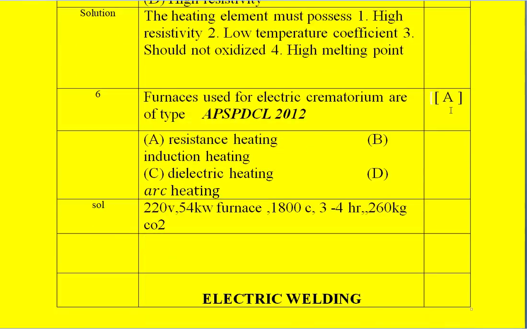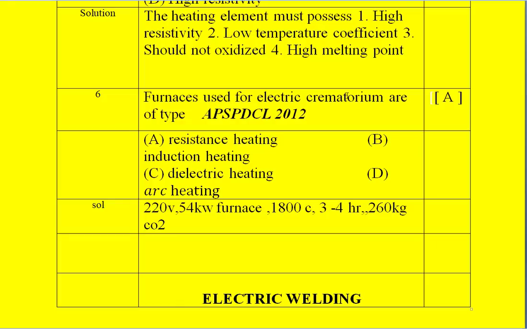Next, sixth question. Furnaces used for electric crematorium are of which type, and it was given in APSPDCL 2012. See, this comes under a category called resistance heating furnace.